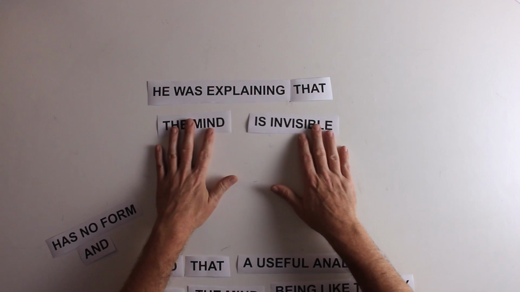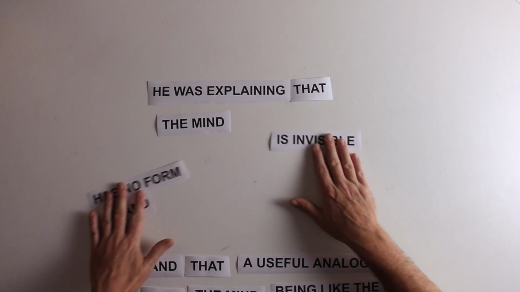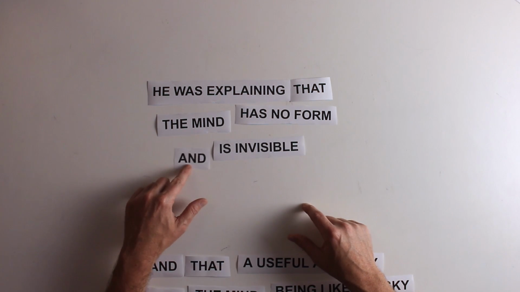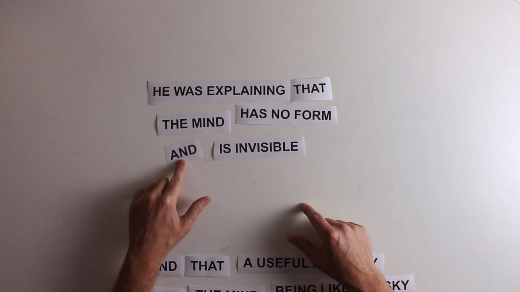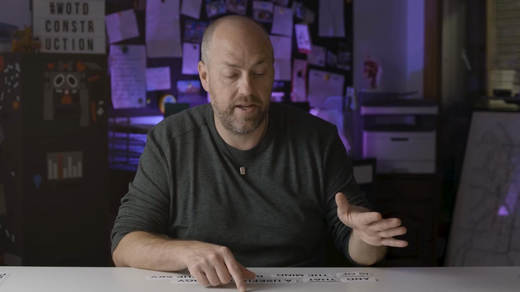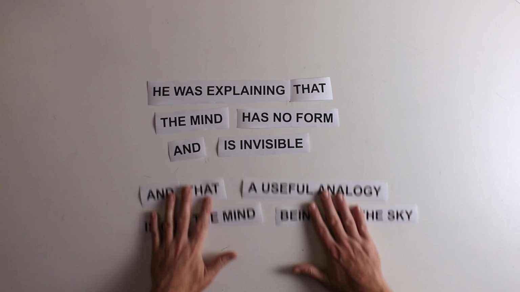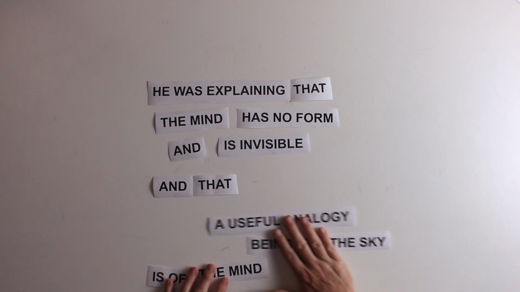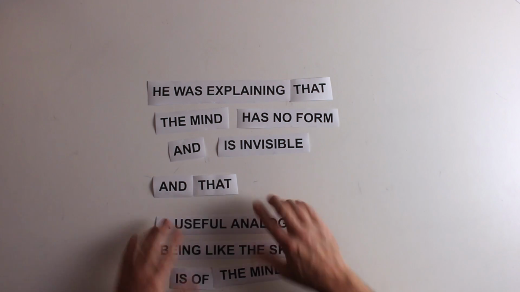But what we can do is eliminate the repetition by using our and, by using our and to eliminate that parallel structure. He was explaining that the mind has no form and is invisible. And we're doing the same thing with the second part here, and that. Have a look.